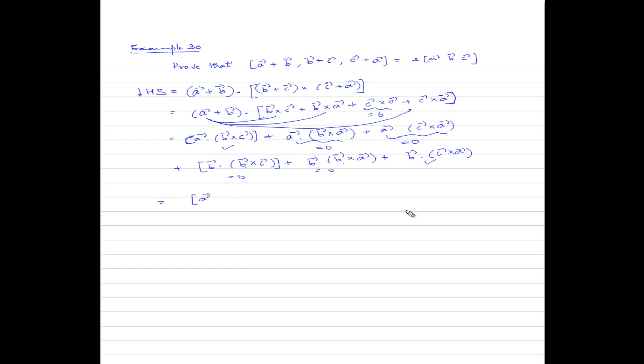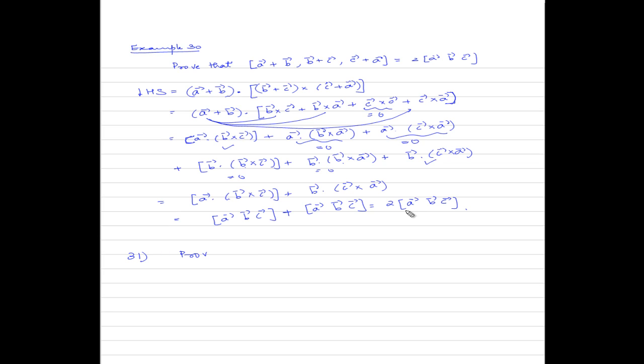That is a vector dot b vector cross c vector plus b vector dot c vector cross a vector. So using the cyclic property, this is [a b c], and this can also be written as [a b c]. So that becomes 2 times [a b c]. Hence proved.